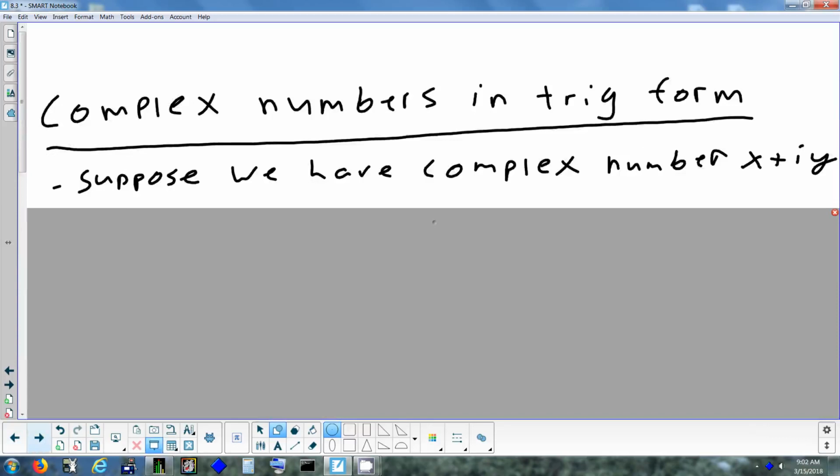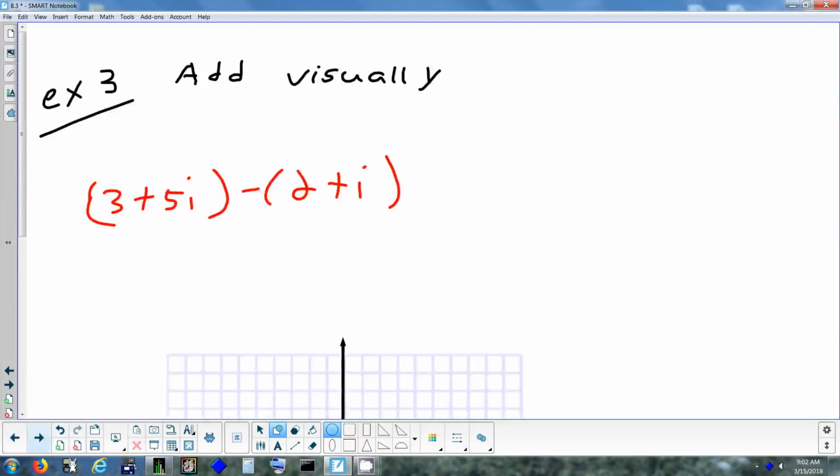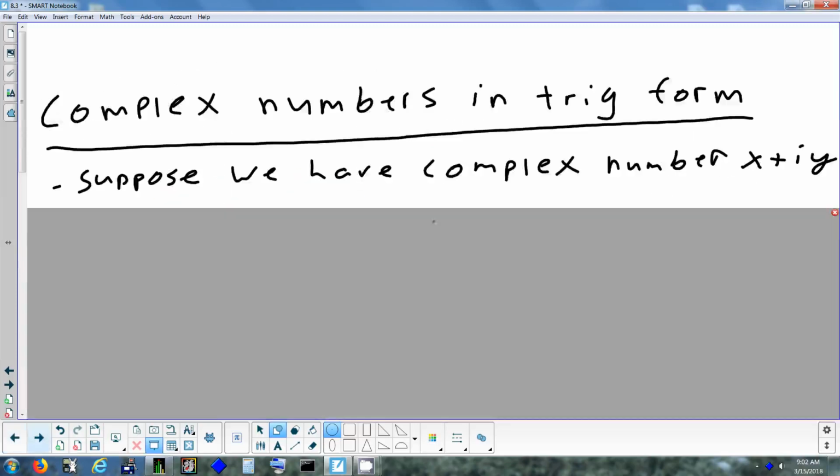Now you might wonder why I switched to using x and y when before I used a and b. I'm using x and y because now we're going to look at this on a plane, and I want you to remember x is horizontal, and y is the imaginary, which is the vertical.